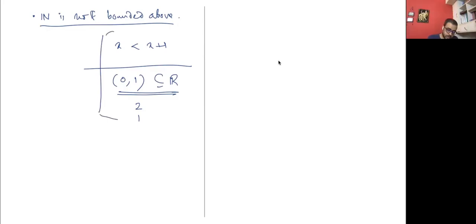So next we come to another property which is going to be important.